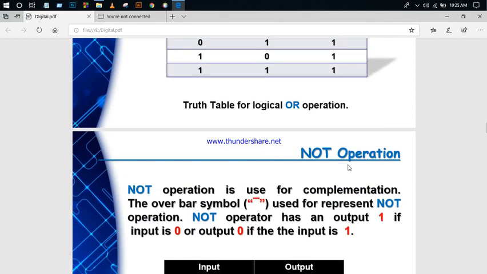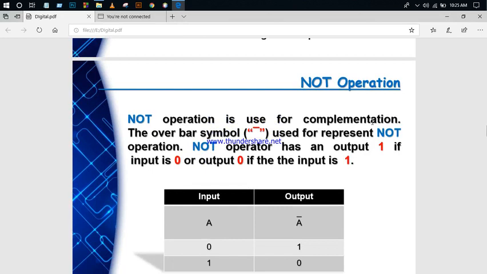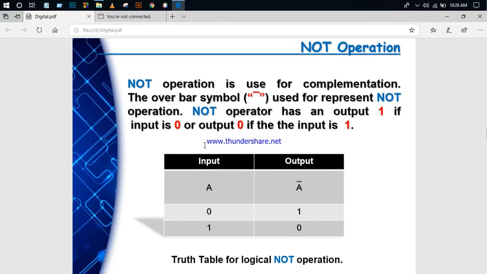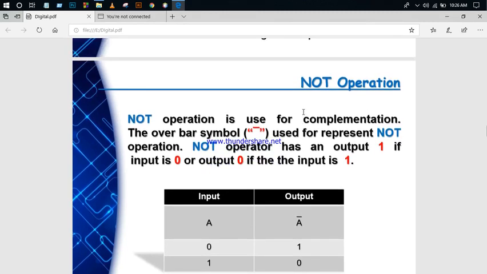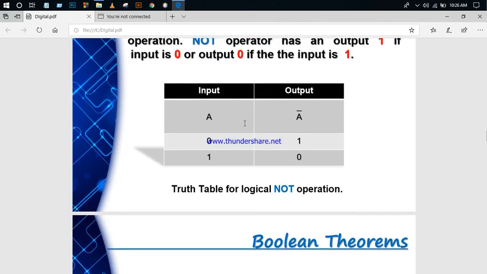And then I explain the NOT operator. NOT operation is used for complementation, with the over bar symbol. That means if it is 0, the bar is equal to 1.